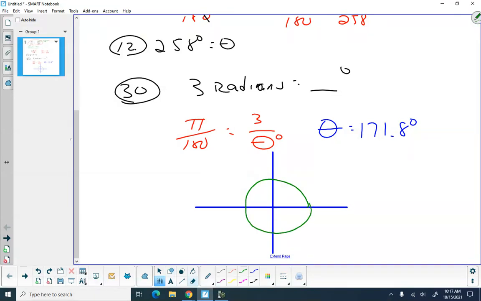There you go. Close enough. If we take a look at rotation of what we're talking about here, 171 degrees. 171 degrees takes us to here.